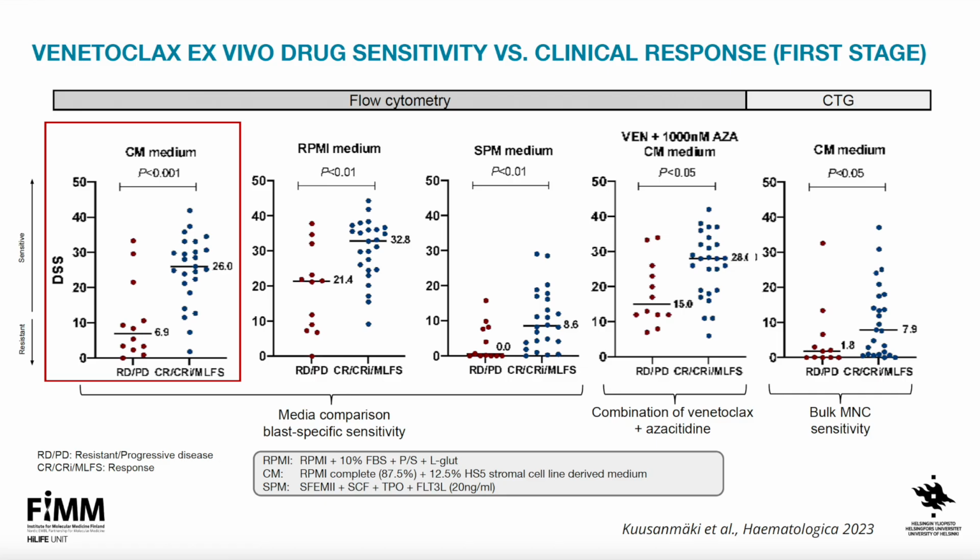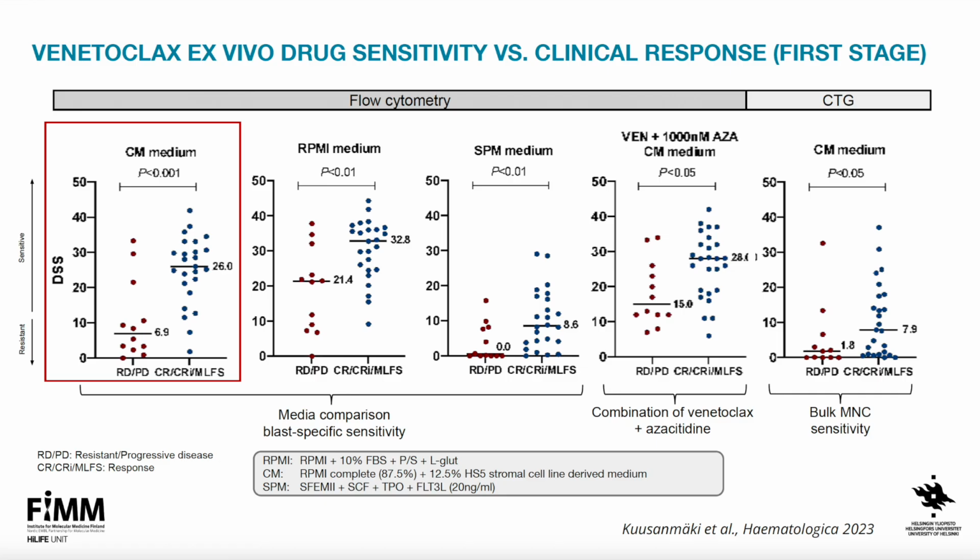And just for your information, this DSS, a drug sensitivity score, the higher the DSS value, the better the sensitivity of the cells to the drugs. But basically, there was a significant difference between the ex vivo response with patients who had refractory disease and those patients who had a complete response.